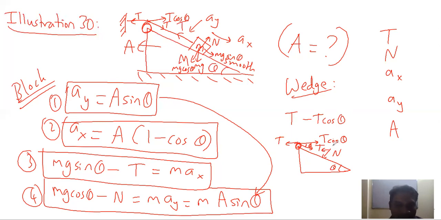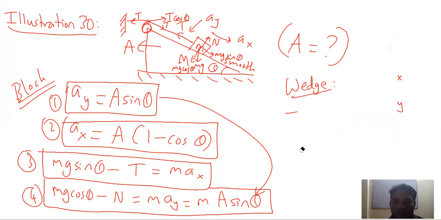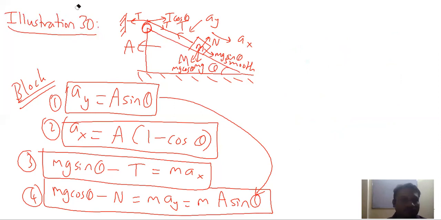Let us again draw this diagram so that you understand better. So let us consider the diagram of the wedge. This is the wedge. On the wedge, we have normal reaction due to the block. And if we think about the geometry, it is like this. If this angle is theta, the angle between two lines is the angle between the perpendiculars, so this angle will come out to be theta.